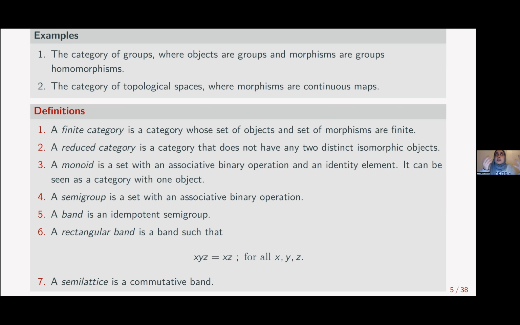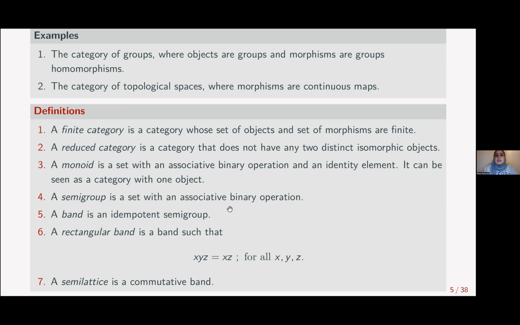And as an example of monoids, groups are monoids actually, but monoids are not groups. The difference is that in groups, we have an identity and an associative binary operation, but the extra condition, which makes it stronger, is that every element is invertible, but in monoids, it's not always the case. And a semigroup is the weakest among them because it's just a set with an associative binary operation.